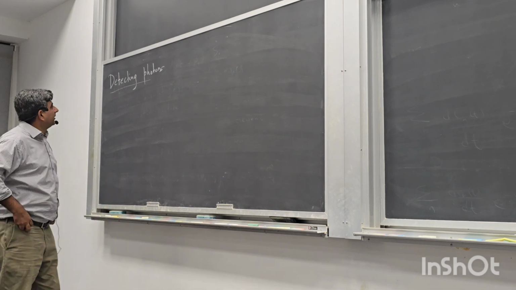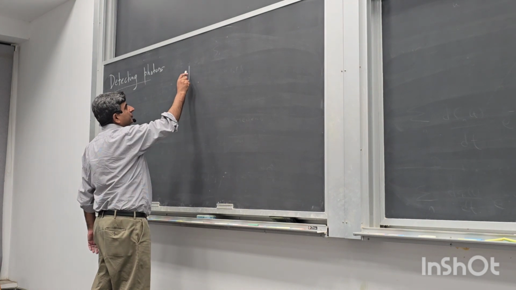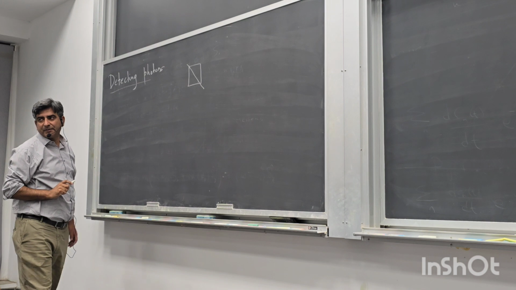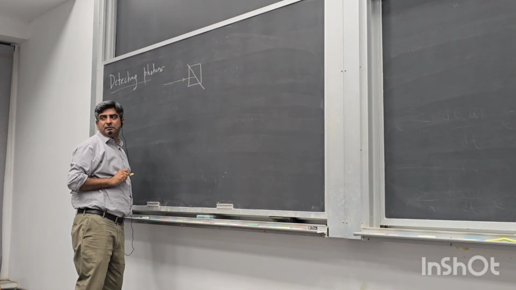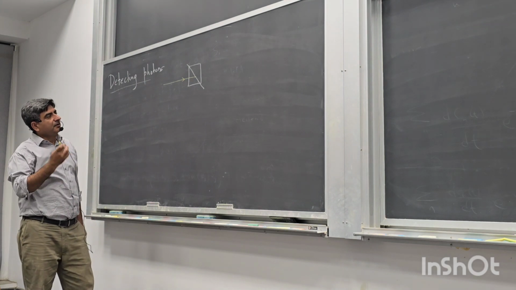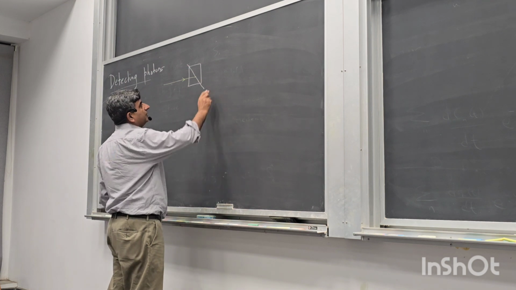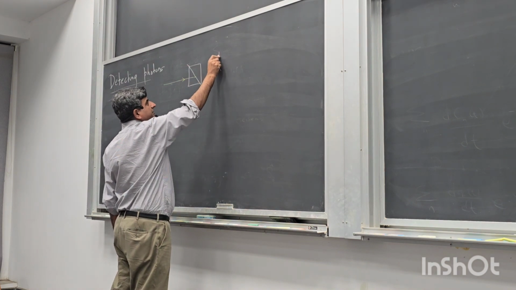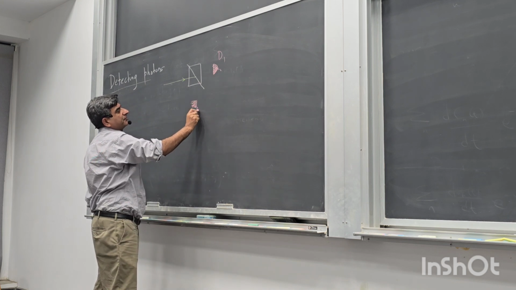And the basic idea of how this works is, suppose you have a beam splitter, a 50-50 beam splitter, and a photon comes in, propagates. This beam splitter is half reflecting, half transmitting, and you have a single photon counting module here, D1, and a single photon counting module here, D2.